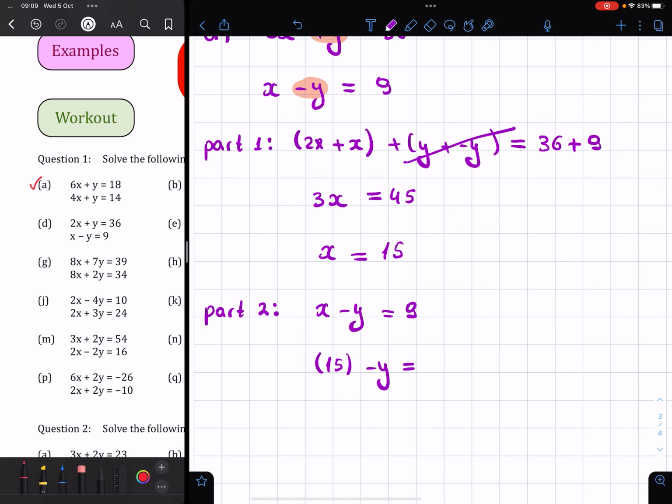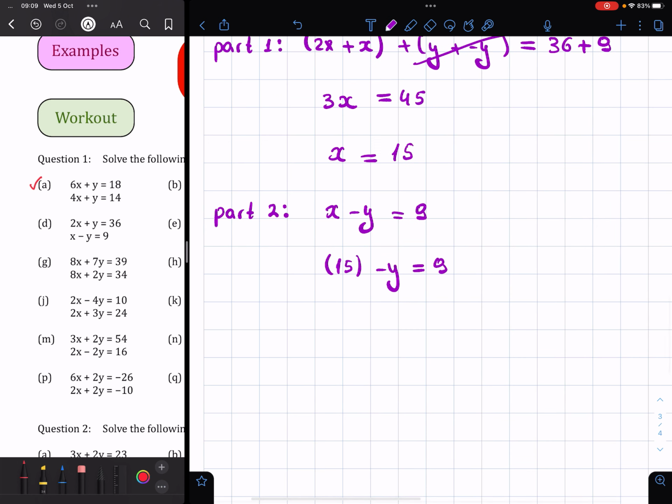So what I will do is move y to the right and 9 to the left. We all know that 15 is already there. Nothing changed with 15. But 9 is going to go to the left as negative 9, right? Minus 9, but y goes to the right-hand side as positive y.